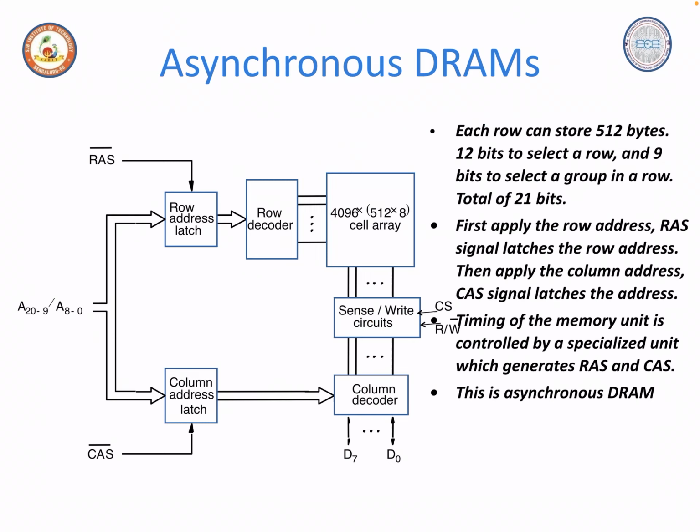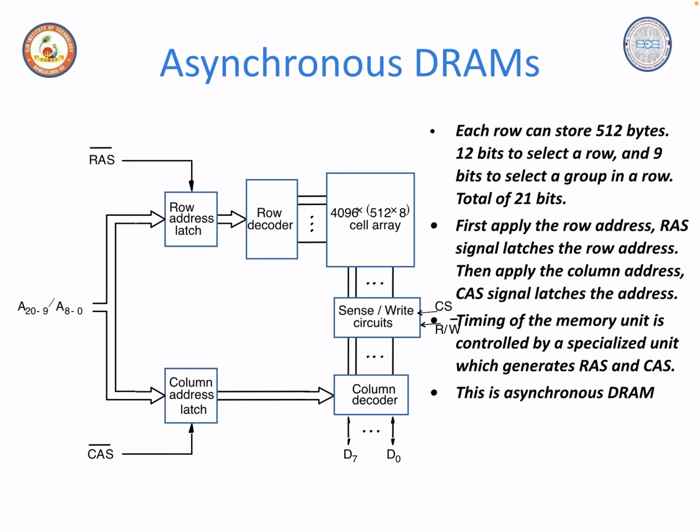First you apply the row address with the RAS signal, which latches the row address, then apply the column address through the CAS signal, which latches the column address. So the timing diagram for the memory unit is controlled by the signals called RAS and CAS.